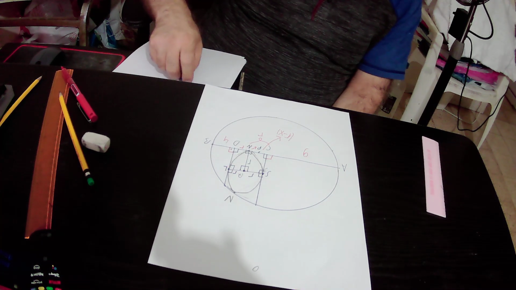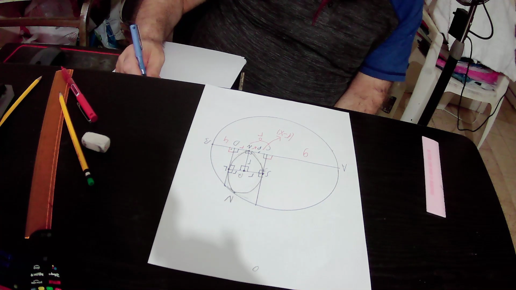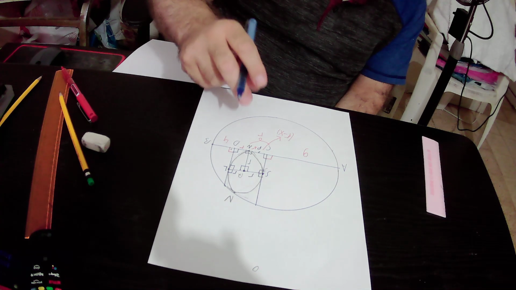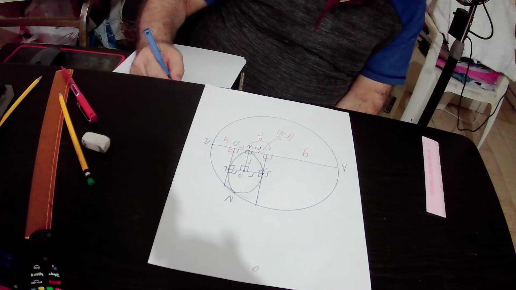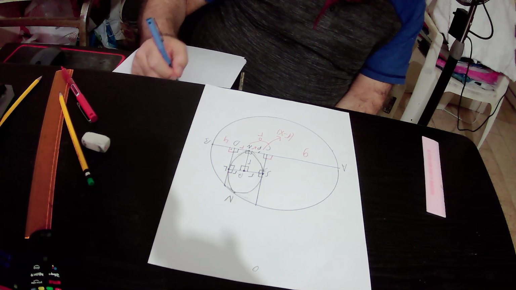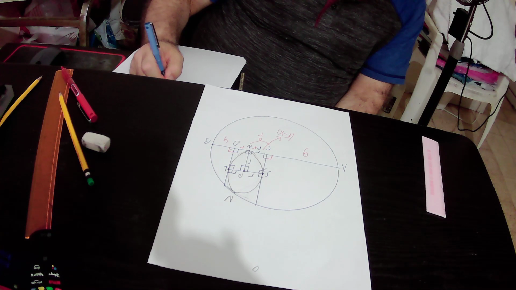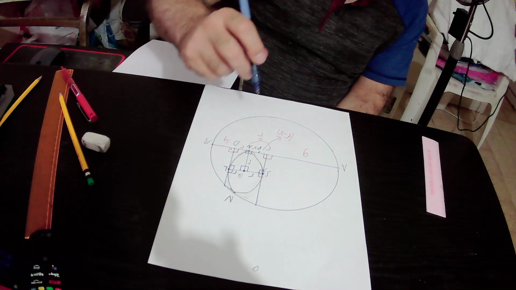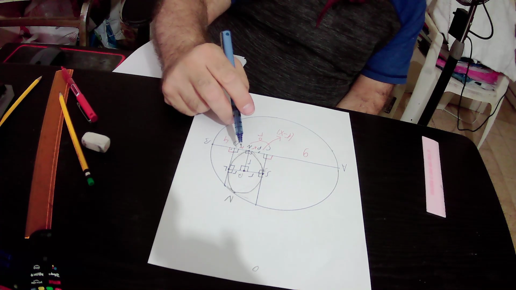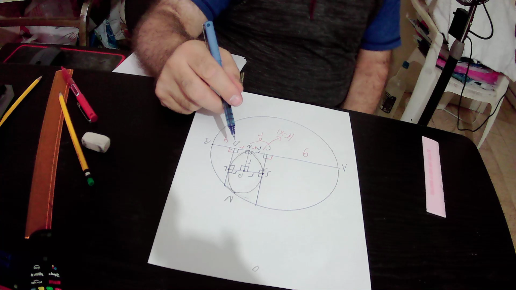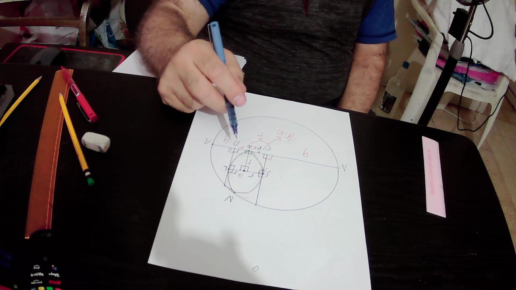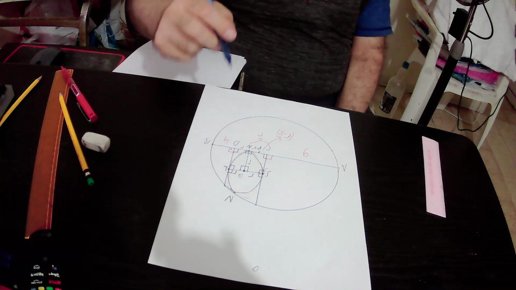So rule number 1 states that the distance between the centers of the two circles, that is to say PQ, is equal to the difference of the lengths of their radiuses.